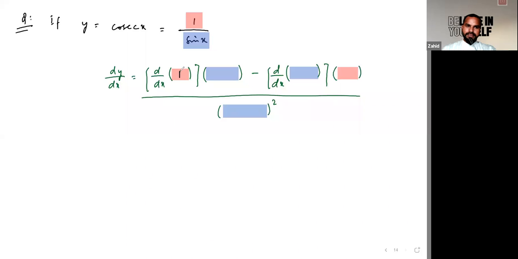Differentiation of numerator, that is 1, multiplied by denominator, that is sine x. Minus differentiation of denominator, that is cos x, multiplied by numerator 1, whole divided by square. Just apply the formula, you'll get your answer.